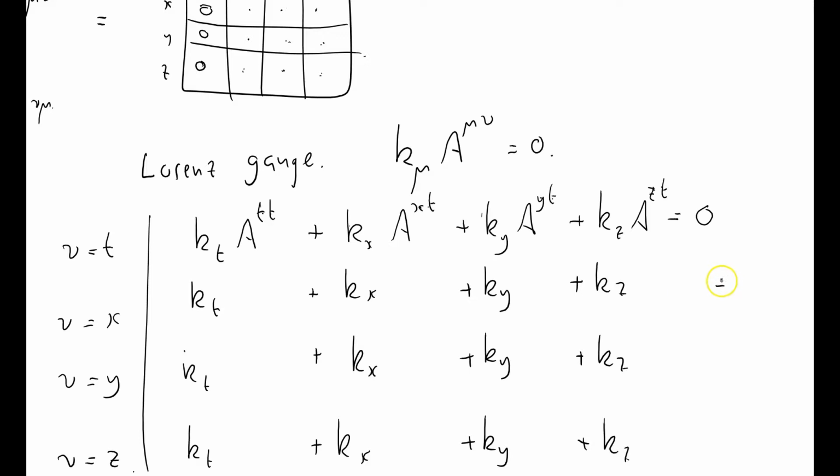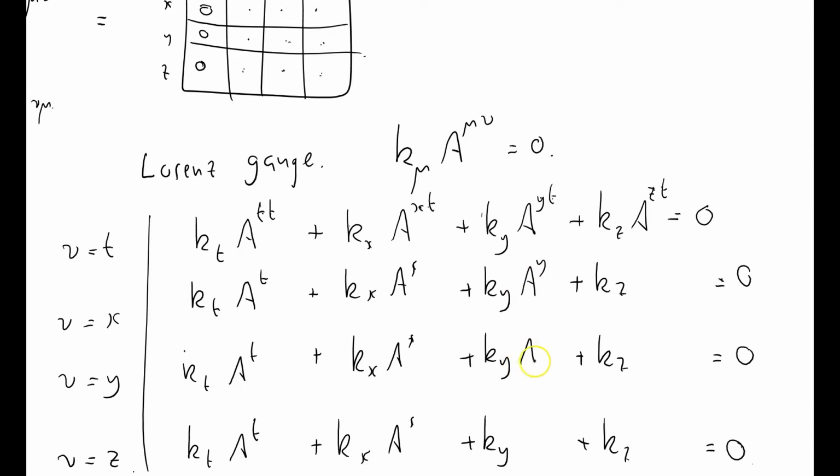I know we can do simplifications here, but I may as well write it all out first. We'll do all the simplifications in one go. So that's t, t, t, x, x, x. Yeah, it should have a dash, but it's more trouble than it's worth. y, y, y, and this one is z, z, z.